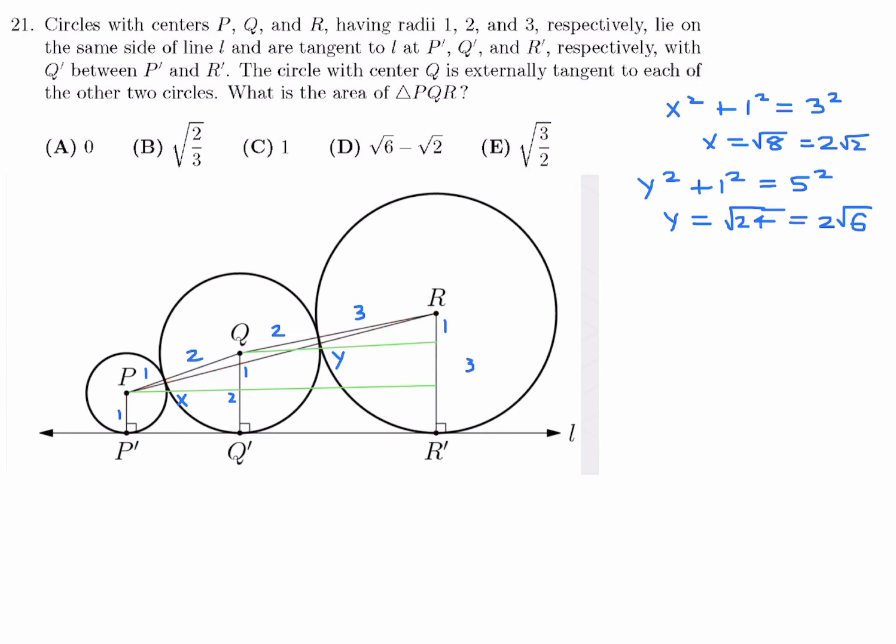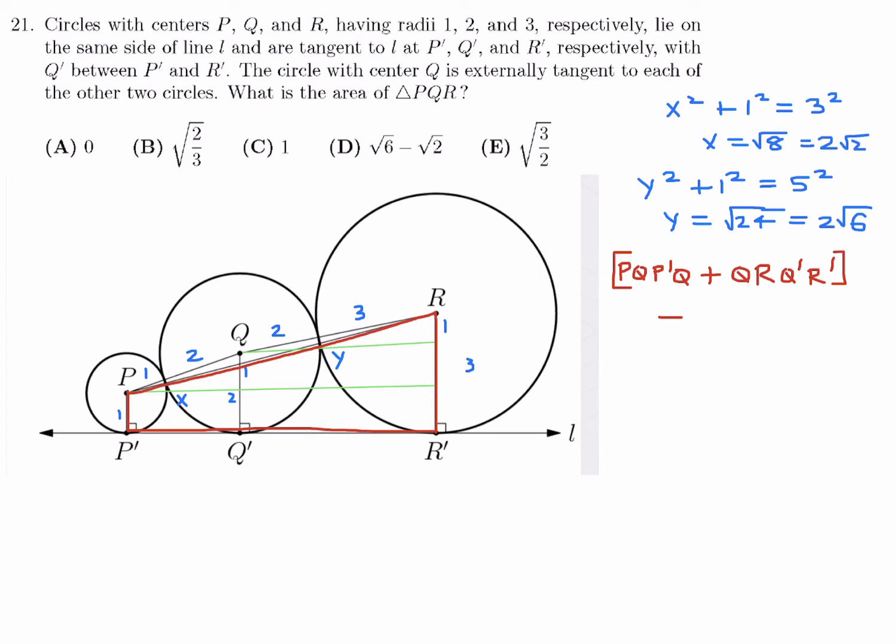So the first is this shape right here, whatever you want to call it. In terms of our lettering, it's P, Q, P prime, Q prime. The second one is this full shape right there. And in terms of our lettering, that would be Q, R, Q prime, R prime. And then from the sum of both of these, I would have to subtract this shape right here.